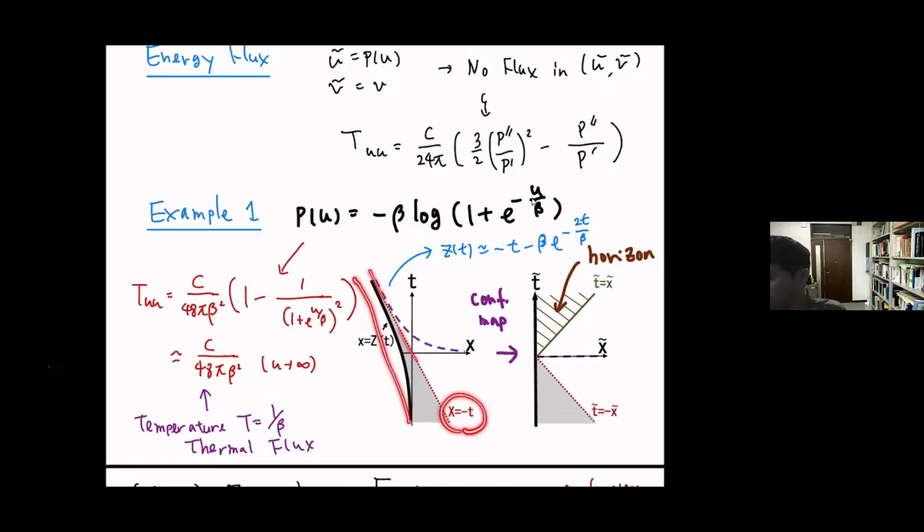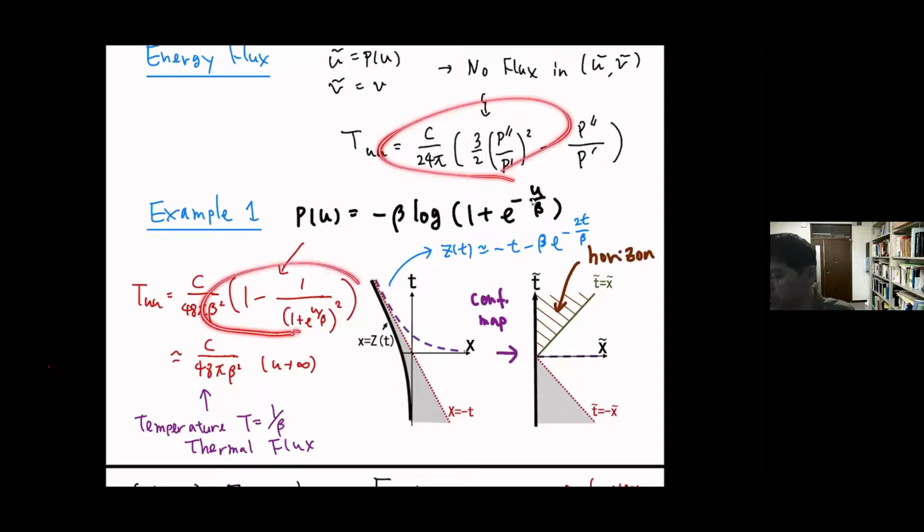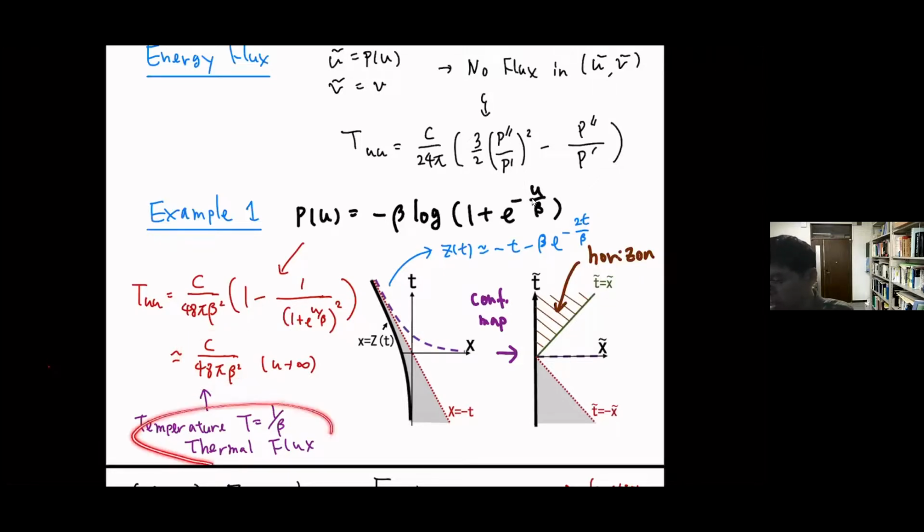In this setup, you can compute the energy stress tensor in this form. As u goes to infinity, that is the late time limit, the energy flux approaches a constant value, c over beta. Here beta is the inverse temperature of the black hole: you can interpret it this way because this energy flux agrees with the thermal flux at temperature T equals 1 over beta.